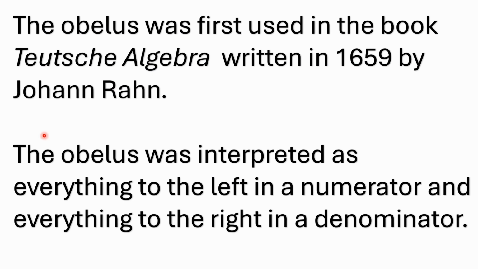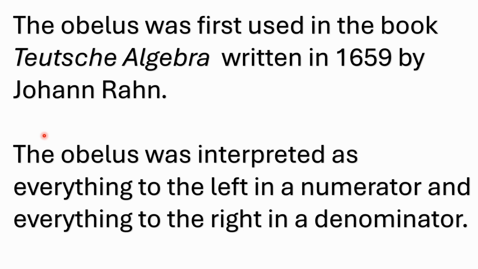But back in 1659, I think, was he Swedish? Swiss? I'm trying to remember. The mathematician Johann Rahn in 1659 had the book Pre-Algebra, where the obelus first appeared. And back then in the book, the obelus was interpreted as everything to the left was in a numerator and everything to the right in a denominator.